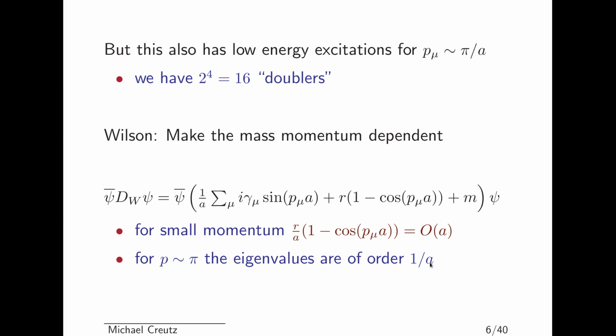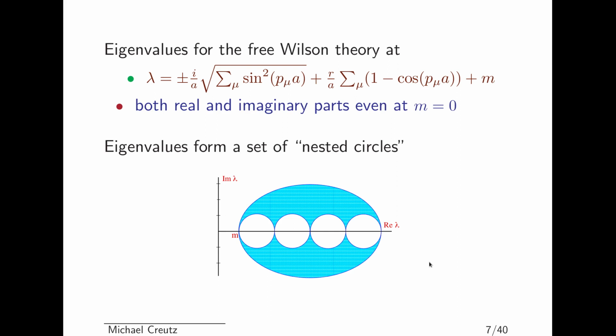Okay, so let's proceed. It's easy to diagonalize the free Wilson theory. The eigenvalues have the sine squared terms, which you have from the continuum, and then you add this correction, so when the momentum is large, you get an addition to the momentum.